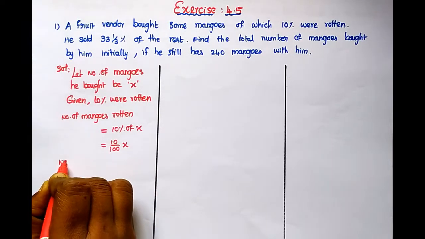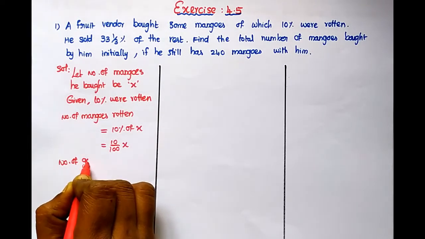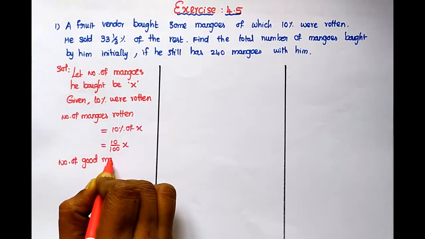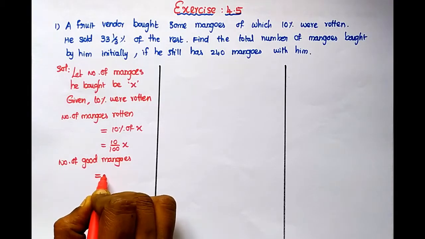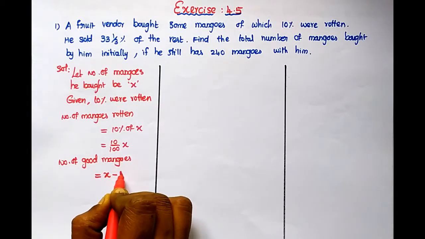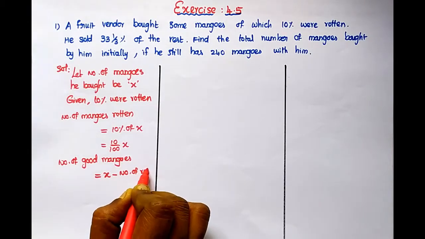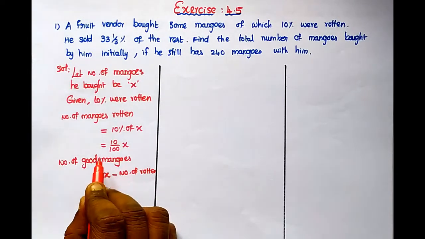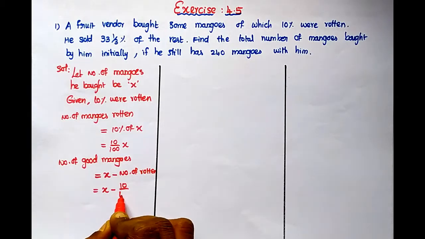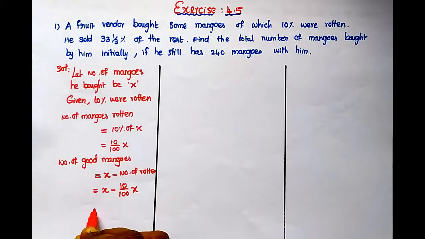Now, number of good mangoes is equal to x minus number of rotten. So, x minus 10 by 100 into x is equal to 90 divided by 100 into x. 100x minus 10x, 90x.